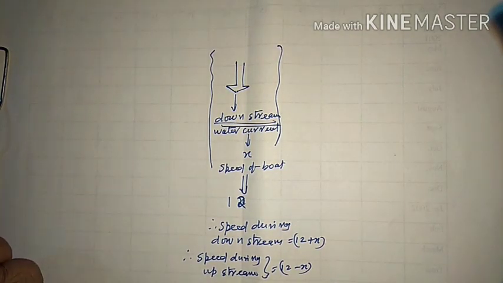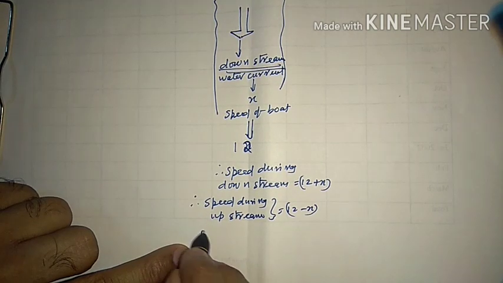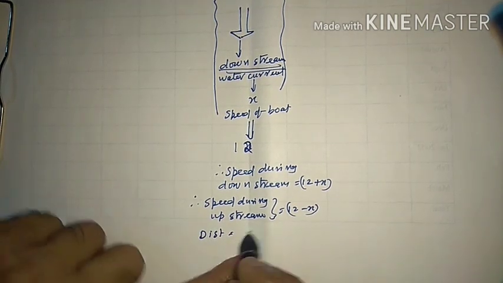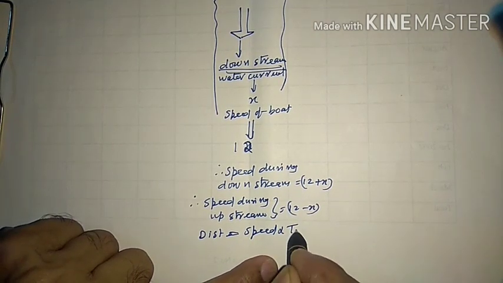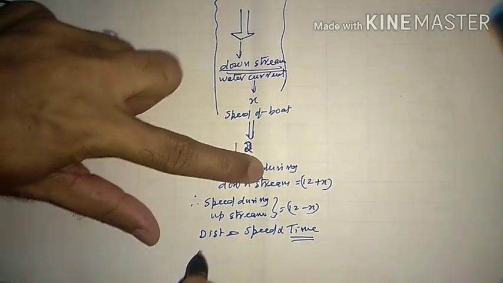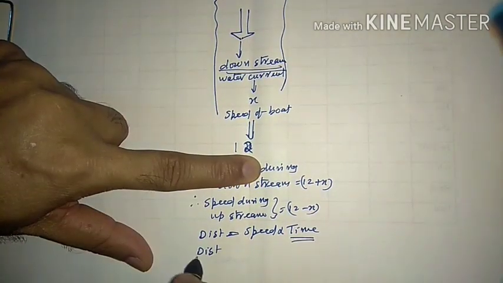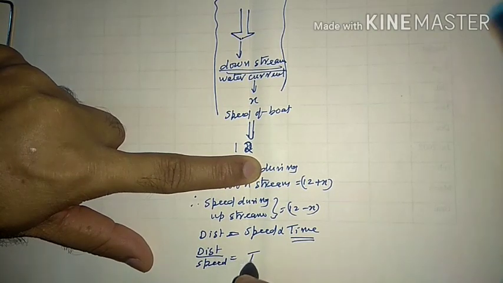Also from science we have to take this particular formula: distance is equal to speed into time. Therefore time is equal to distance upon speed.